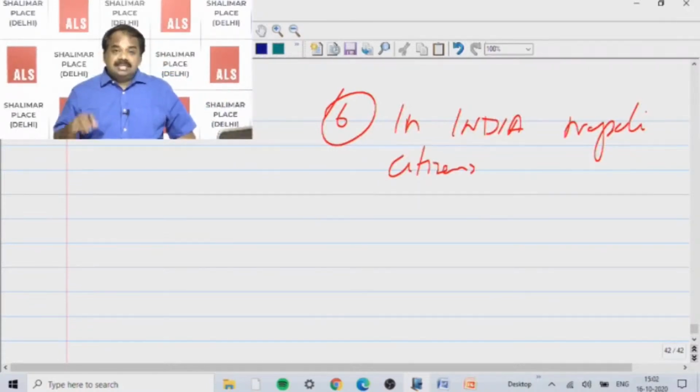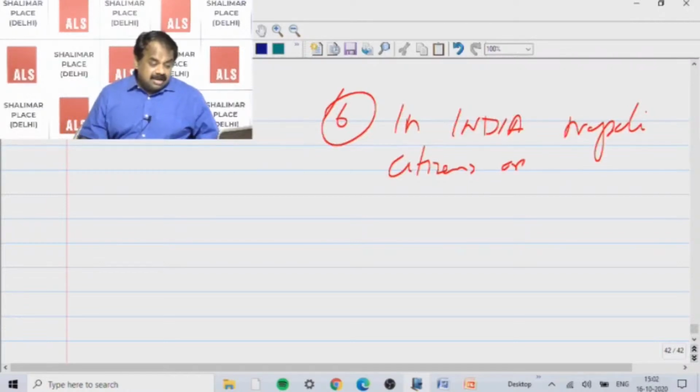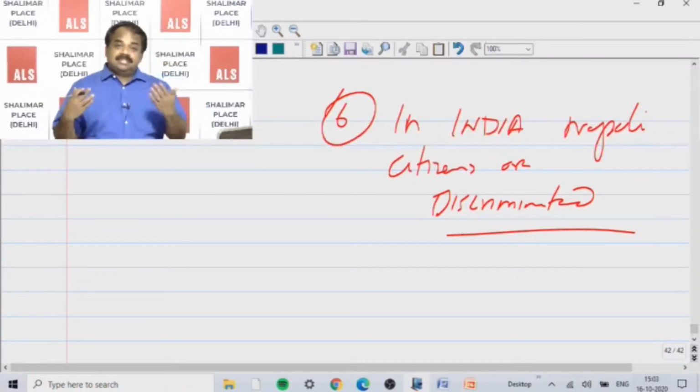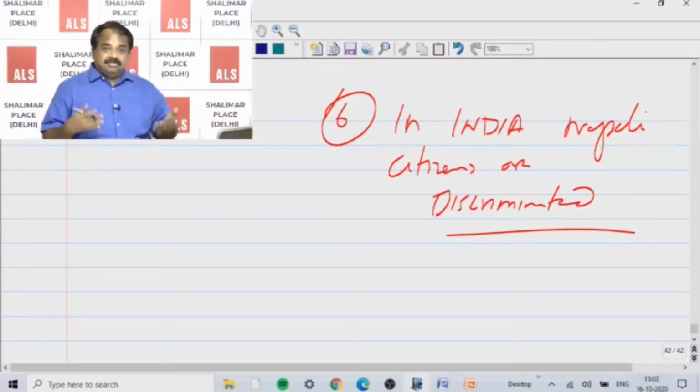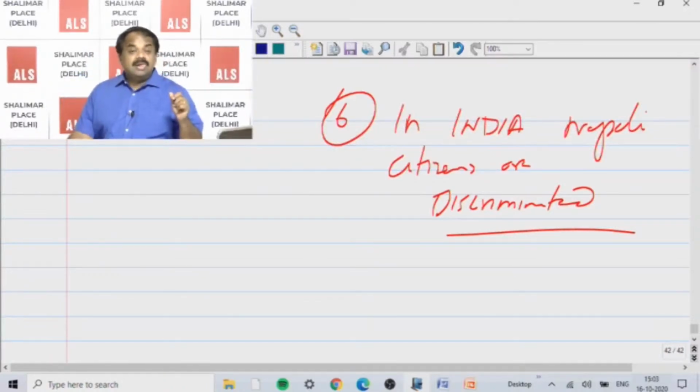This racial mindset in India is a problem. Many of them, please understand, the people of the hills of Nepal are upper caste, and when they come to India, they are treated as worse than our own communities. You know it very well. This discrimination is also not to the liking of Nepal.